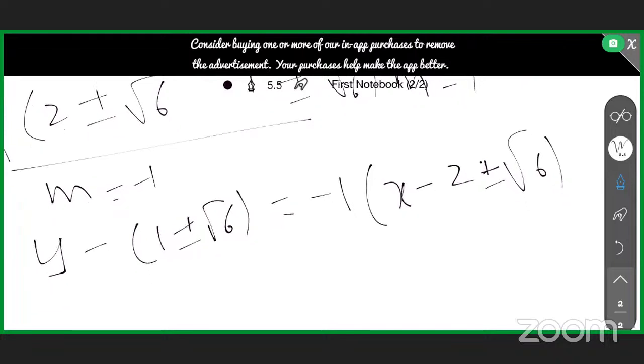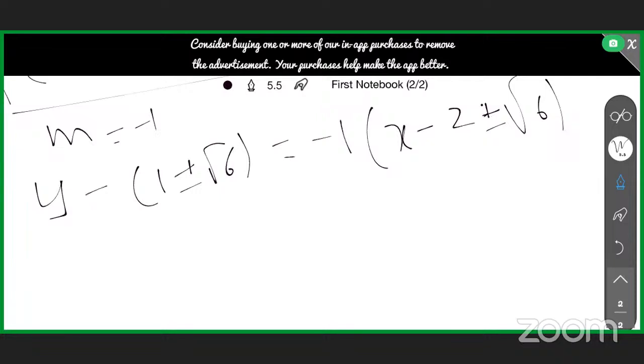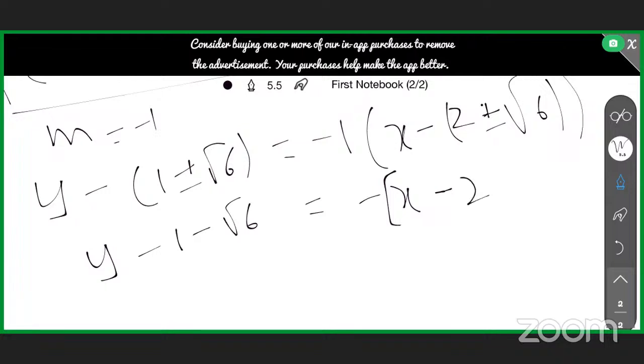If you simplify this, take one case first. It will become y minus of 1 plus root 6 is equal to minus x plus, I have to use brackets now. First we'll simplify this one, then we'll go for brackets. That will be minus 2 minus root 6.